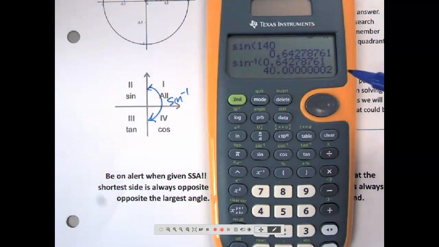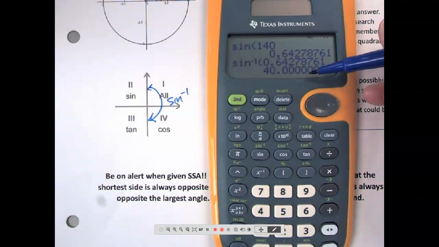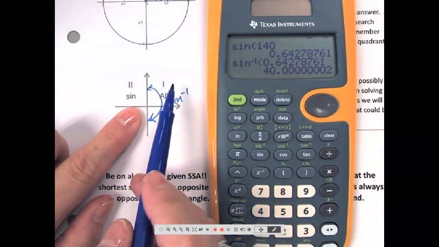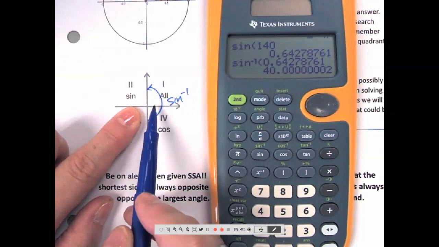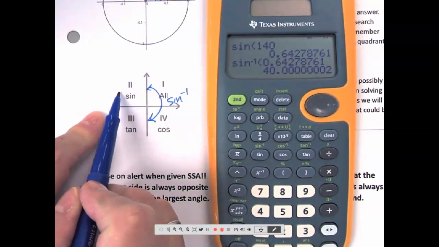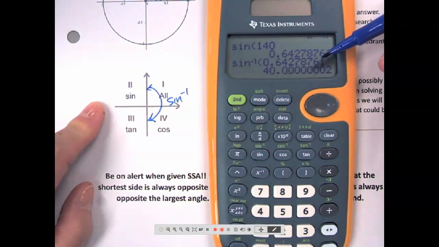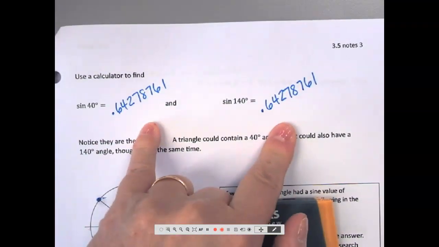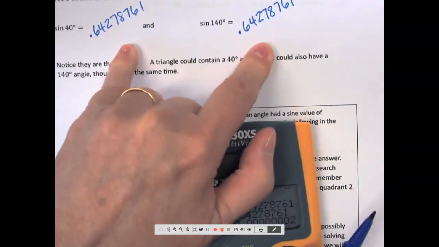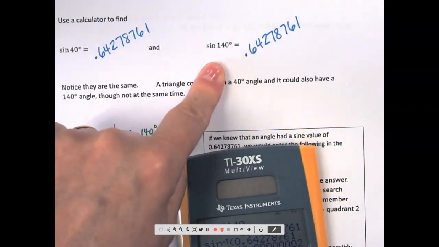It's got a 2 out there because this decimal was rounded. So 40 degrees though. Okay, well, that's because it's only checking the first quadrant. We know that there's another angle over here in the second quadrant that could have that same sine. We just saw that. It's 140 degrees. Could 140 degrees fit in a triangle?